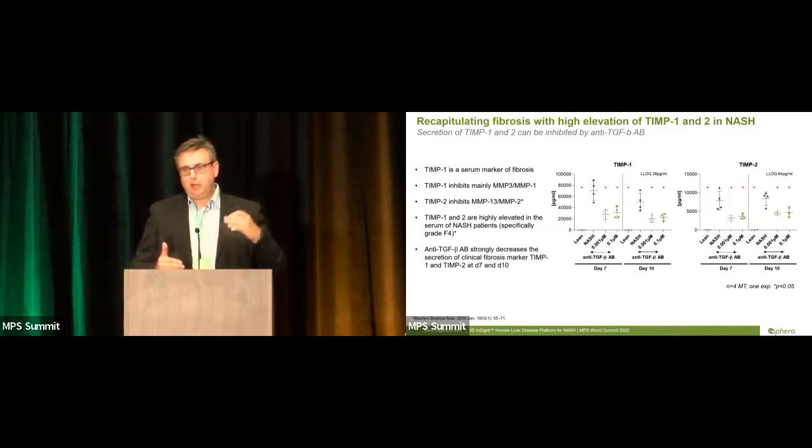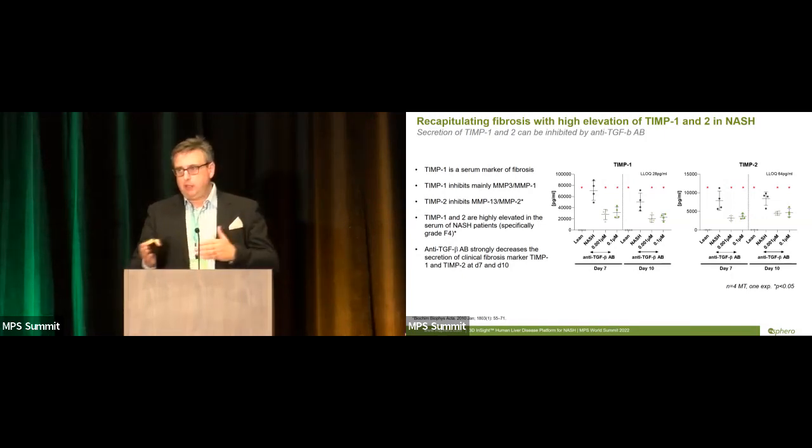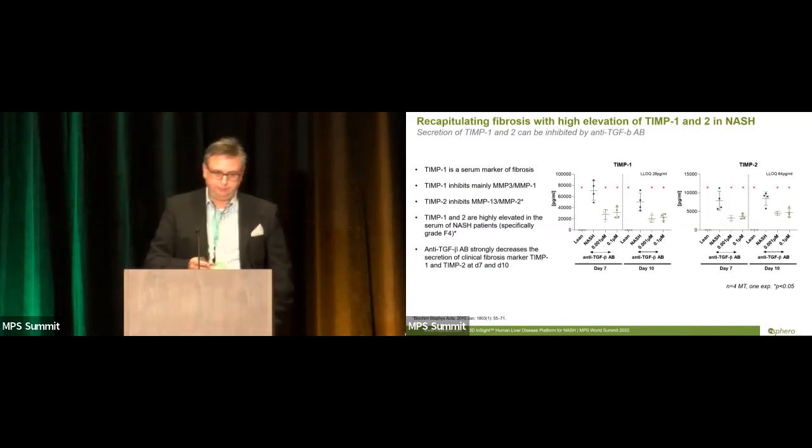So if TIMPs are high, then MMPs cannot work, and the extra collagen that's deposited in a NASH liver cannot be removed. We want to change that by a pharmaceutical intervention. As we add the anti-TGF beta-1 antibody, we see a substantial reduction in TIMP1 and TIMP2. So again, correlation to the clinical findings for this antibody.